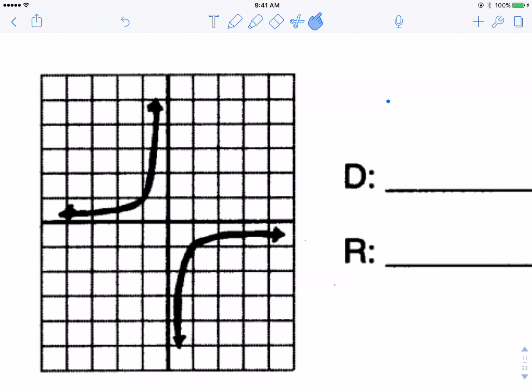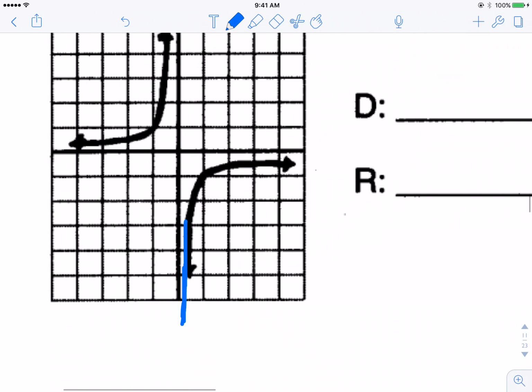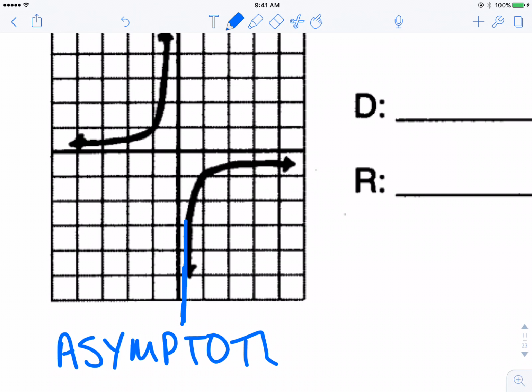We have 2 parts of a graph now. You have to realize that these are called asymptotic. I can't even spell that right now. A-S-Y-M, asymptotic.